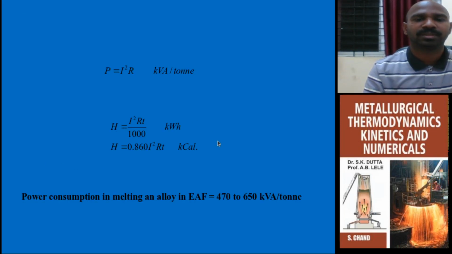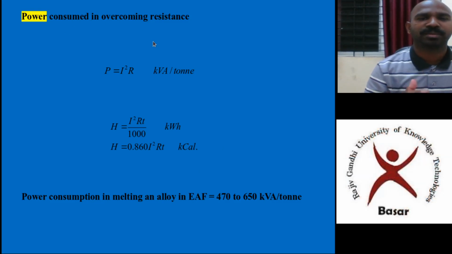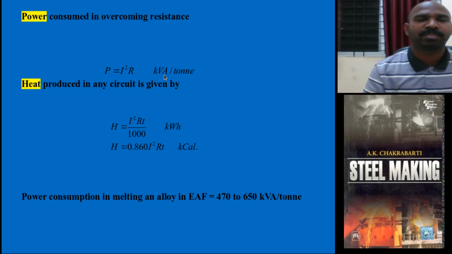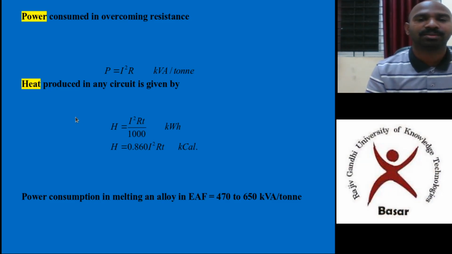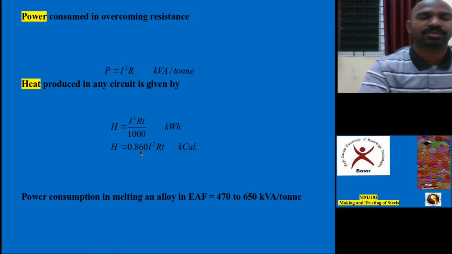but a medium furnace. And how do you calculate how much power is consumed during furnace steel making? You use this simple formula, P is equal to I square R, kilovolt amperes per ton. And how much heat is produced? Heat evolved, either exothermic or endothermic, can be calculated by H is equal to I square RT by 100 kilowatt hours, or in kilocalories 0.860 I square RT.